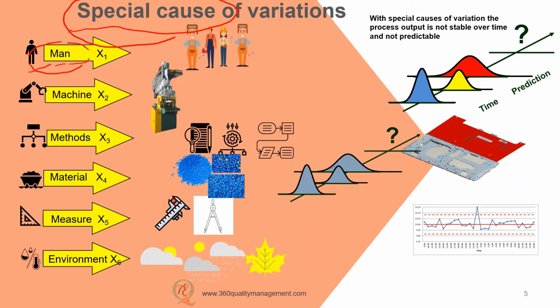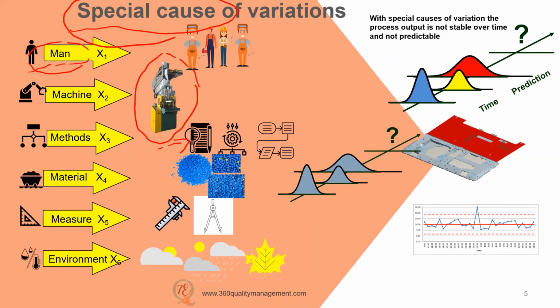It could be that suddenly there is an untrained operator, and the machine, it could have used a different type of unqualified machine for the product itself. And the methods, there could be changes in the SOP, or there is no work instruction that has been approved before it is used in the manufacturing line.